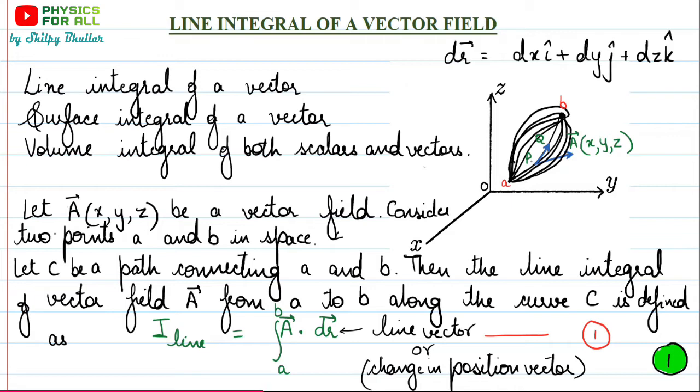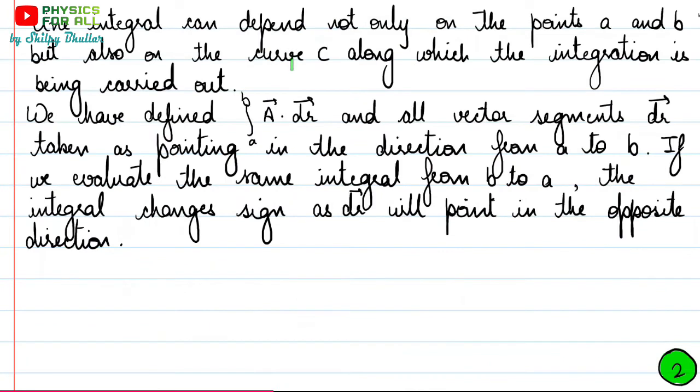So that means when we take line integral, then it depends not only on points A and B, but it also depends on the curve along which we are carrying out our integration. The statement that I've just said, that this line integral depends not only on points A and B, but also on the curve C along which the integration is being carried out.